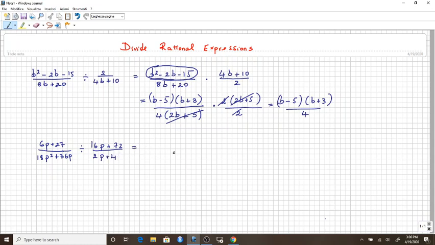Okay, so let's rewrite the first one, which is 6p plus 27 divided by 18p squared plus 36p, and then multiply by the reciprocal, which is 2p plus 4 over 16p plus 72. Okay, what can we do in this case?